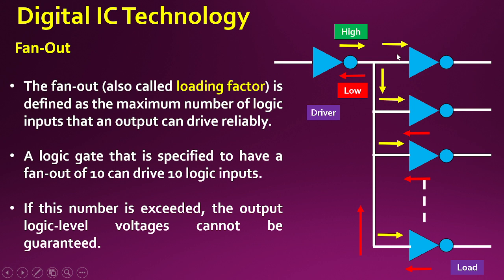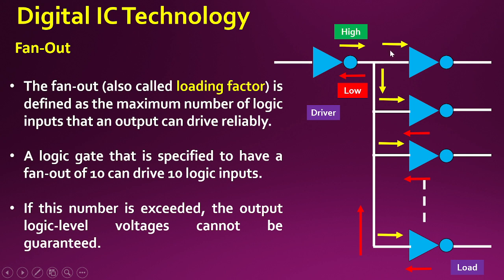Suppose this is high, and suppose this is taking 10 microampere. There are presently, say, 4 NOT gates, so the total current will be 40 microampere. Since this is consuming 10, this is consuming 10, this is consuming 10, and this is consuming 10, this particular IC will deliver 40 microampere.